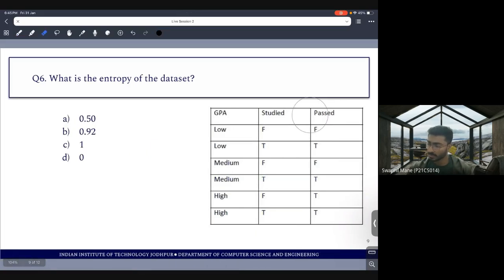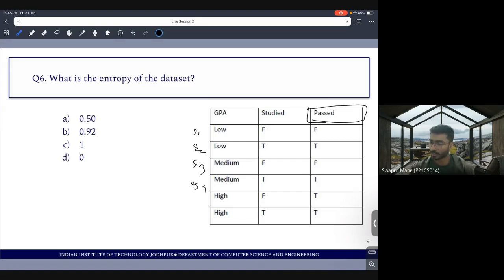Here the two attributes are GPA and studied, and based on these, the target labels are student 1, student 2, student 3, student 4, and student 5. Here we are only discussing the intuition and overview of the decision tree.